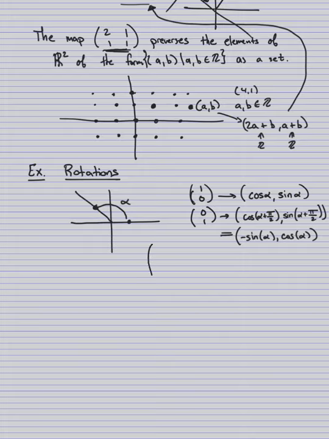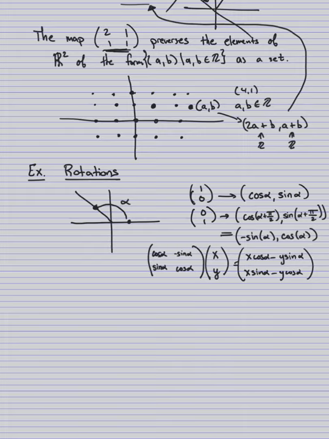So in other words, these go to the columns, and we get the matrix with columns (cosine alpha, sine alpha) and (negative sine alpha, cosine alpha). And if I plug in a random point in R2, (x, y), this goes to (x cosine alpha minus y sine alpha, x sine alpha plus y cosine alpha).